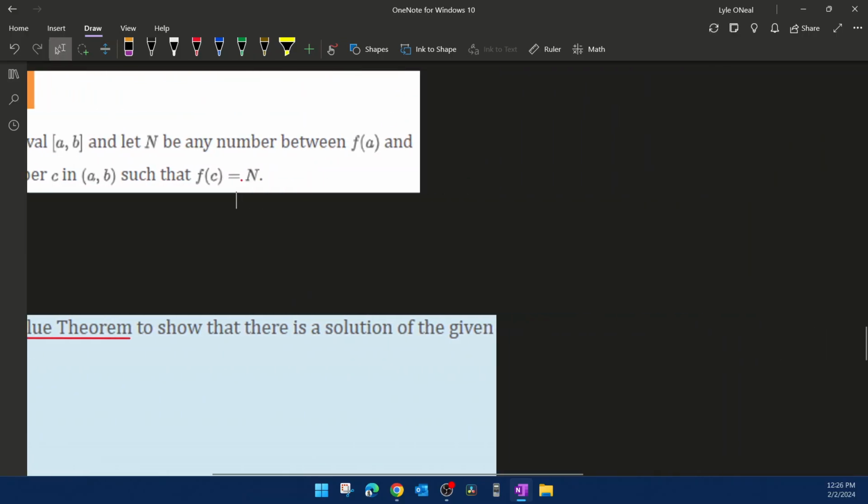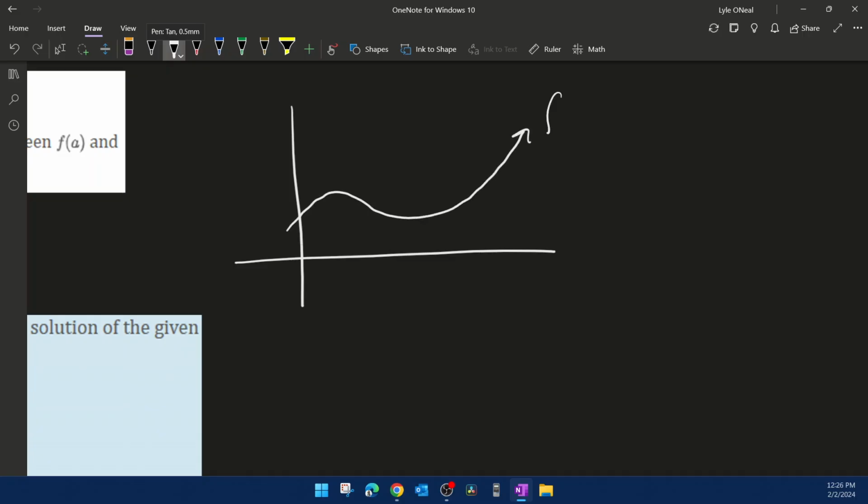So if we slide to the right here just for a second and consider a graphical representation of what this says, we could have some function f of x, which is continuous from, let's say, a to b here, where f of a and f of b are not at the same height.